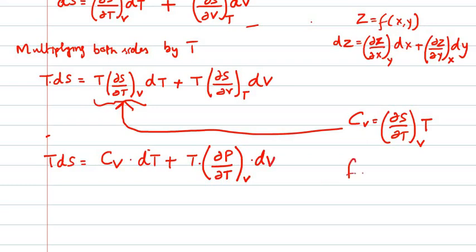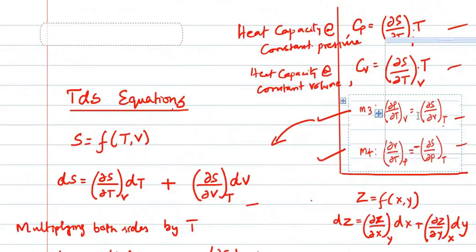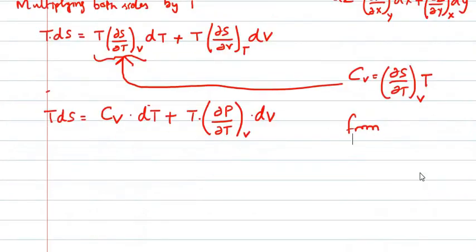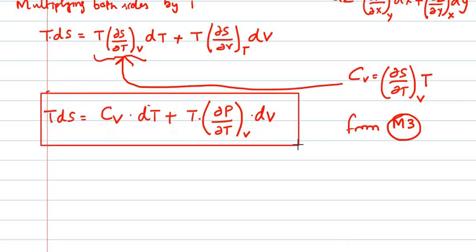This is from Maxwell's equation M3. This equation is called the first TDS equation.